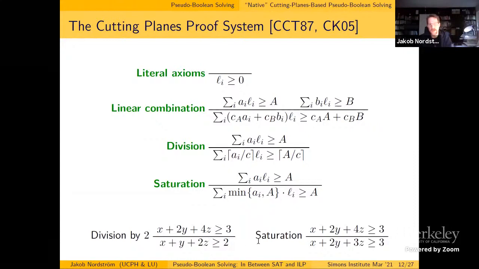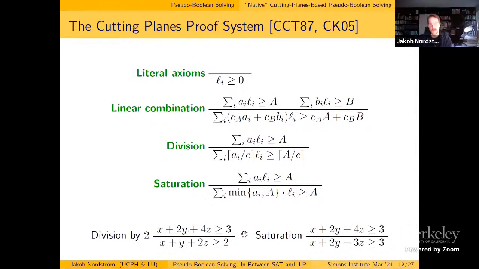What saturation does is say that if this constraint is satisfied, then having the coefficient 4 here is clearly overdoing it. Actually, 3 is enough. So if x + 2y + 4z ≥ 3 holds, then the same constraint with 3z instead also holds. Both of these rules, importantly, use that we know that the variables are integers.